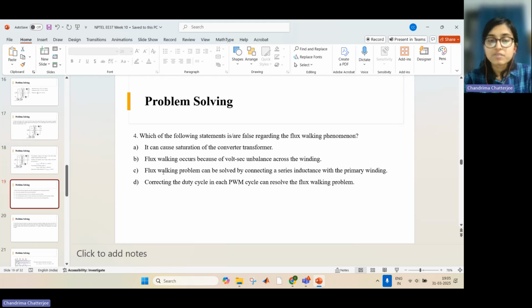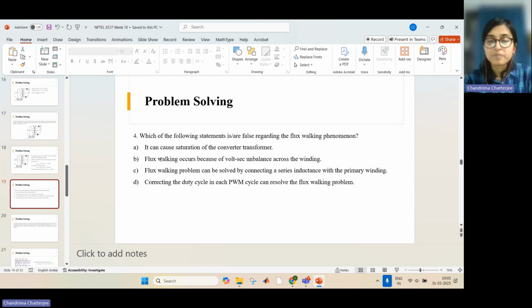The third option is, flux walking problem can be solved by connecting a series inductance with the primary winding. And the fourth option is, correcting the duty cycle in each PWM cycle can resolve the flux walking problem. So we know that the flux walking problem causes saturation of the converter transformer.